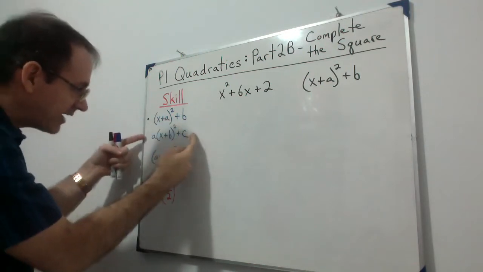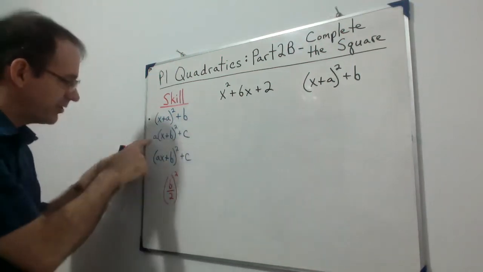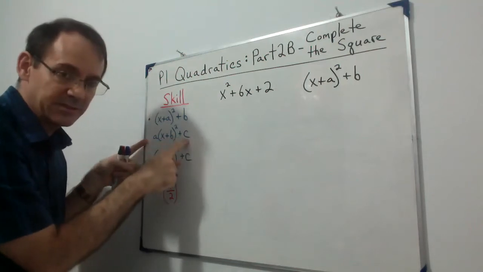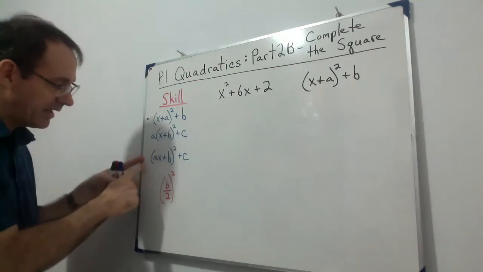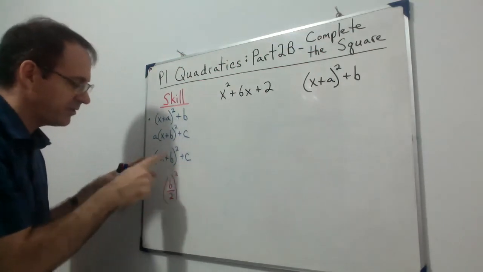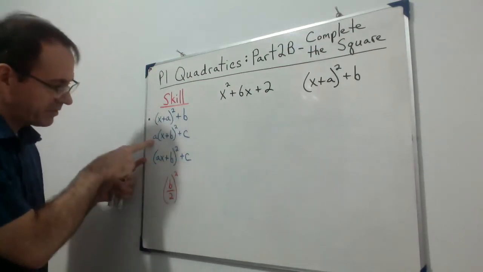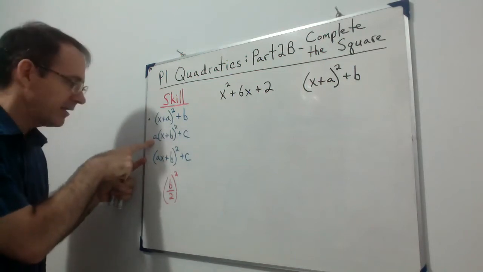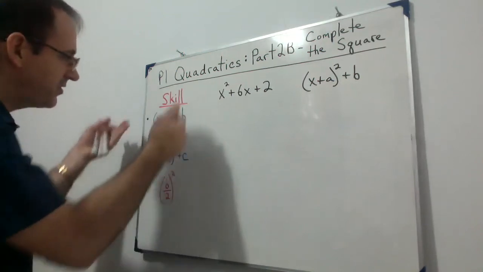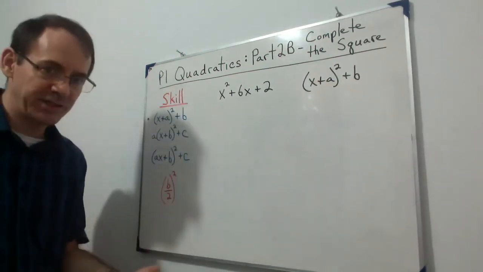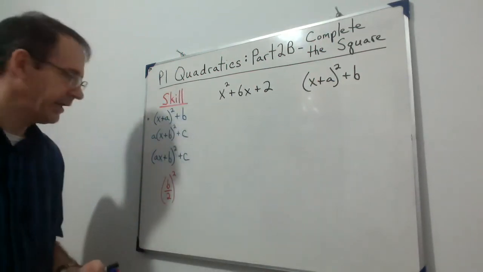This second level of difficulty, there's 3 numbers that you have to come up with. And then in the third level of difficulty, there's also 3 numbers, but this number that was outside, we then have to move inside.